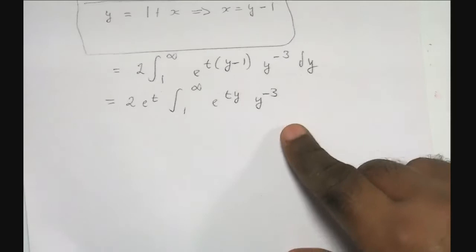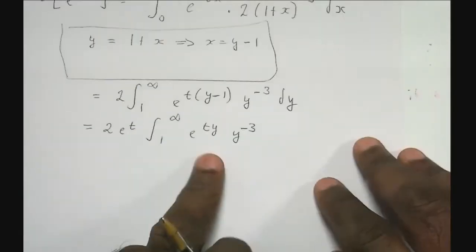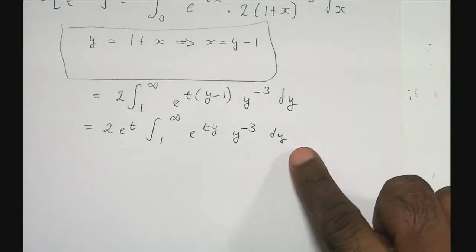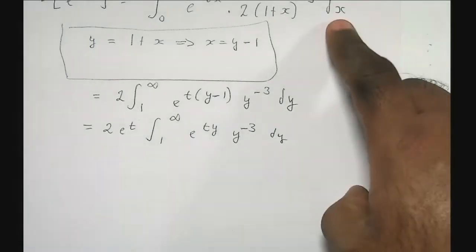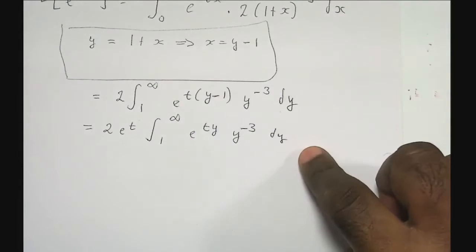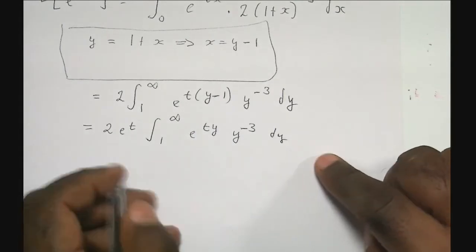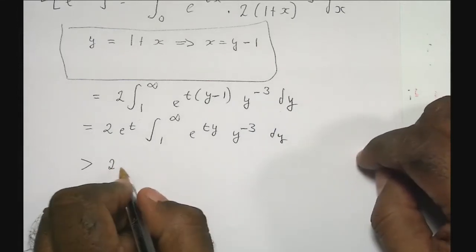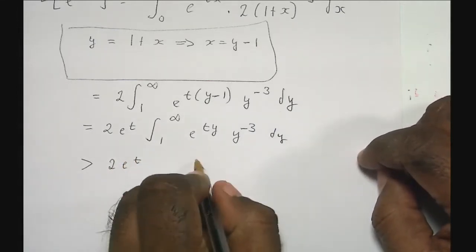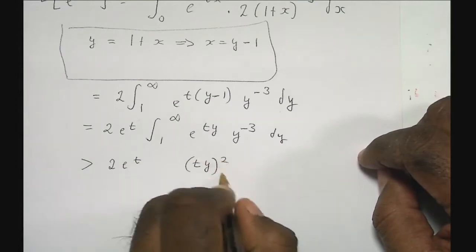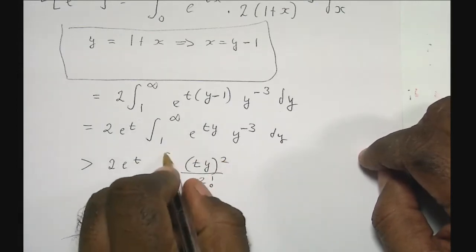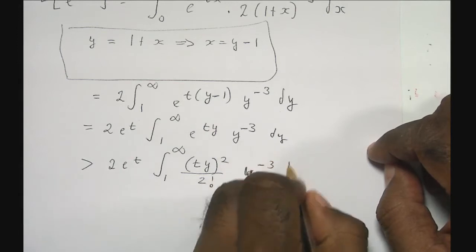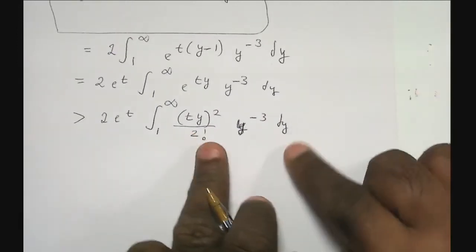You see, the reason I did the substitution is to make it look like this, so that this one is easier to handle than this integral here, right? Now to handle this integral, do you see what I've done here, guys?